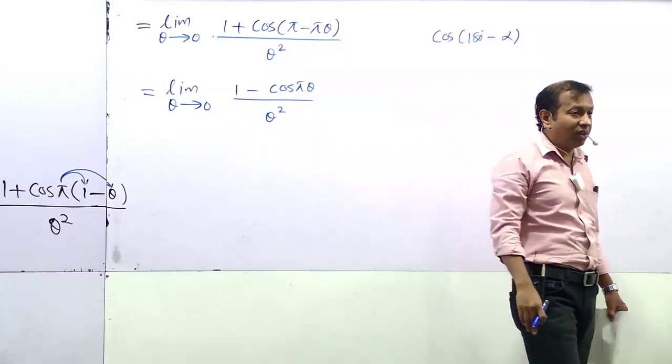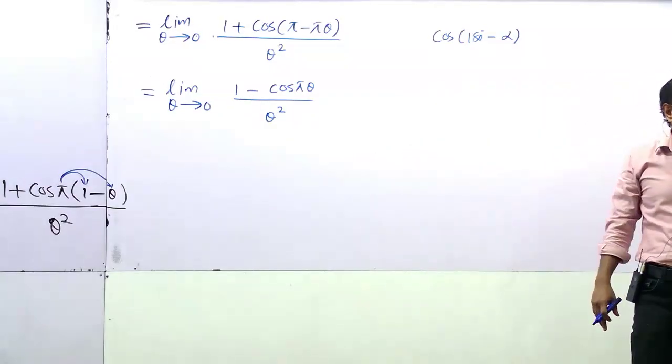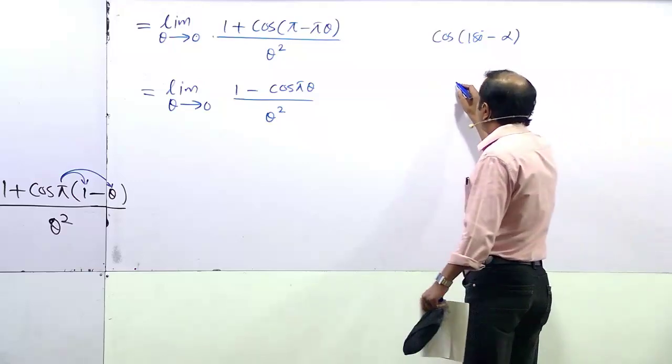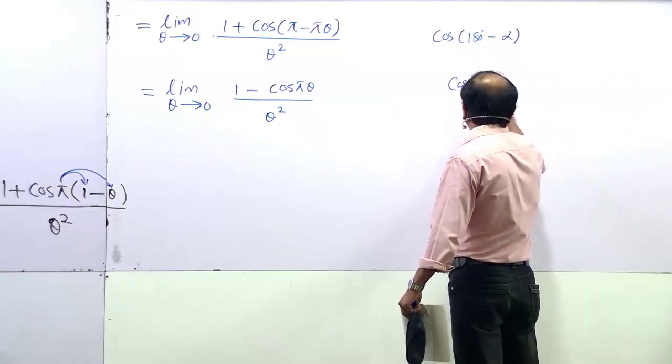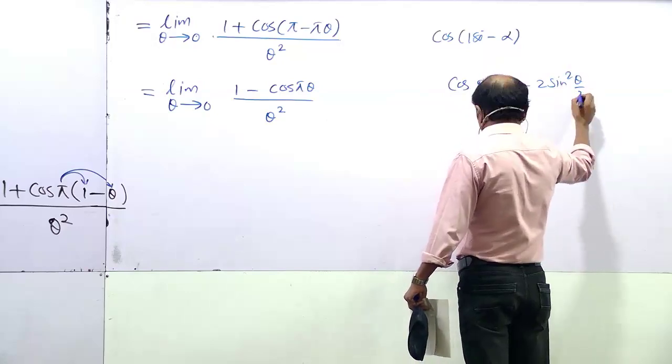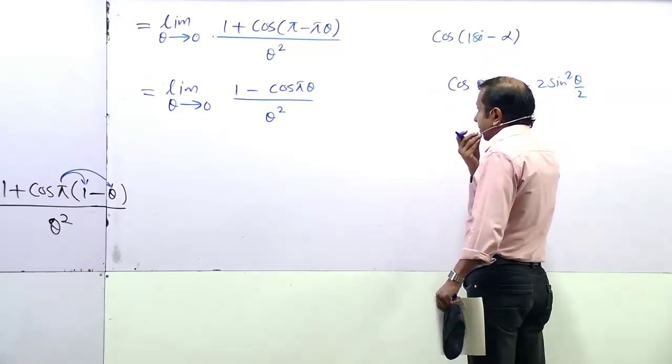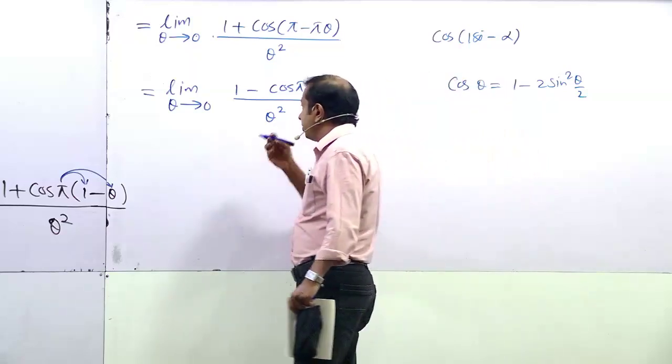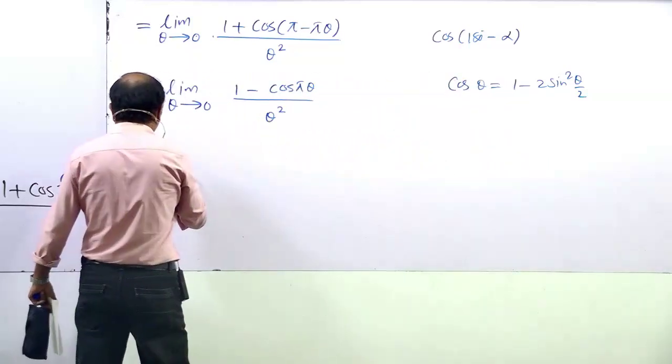Tell me the half angle formula for cos theta in terms of sine. We know cos theta we wrote as 1 minus 2 sine squared theta by 2. Right. So like that, tell me how to write this.